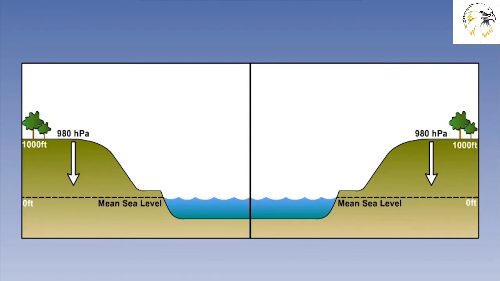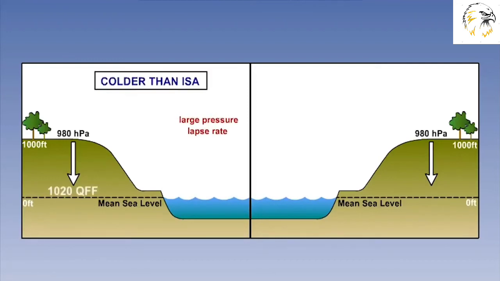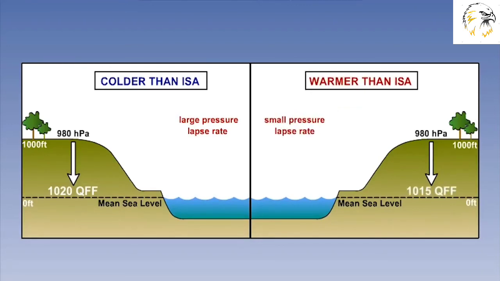But we have just demonstrated in the previous scenes that different temperatures will give different pressure lapse rates. If the air at the location was colder than ISA, we would expect the pressure lapse rate to be greater. So when adjusting the surface pressure to mean sea level, we would gain more pressure in 1,000 feet than if the air was warmer than ISA.